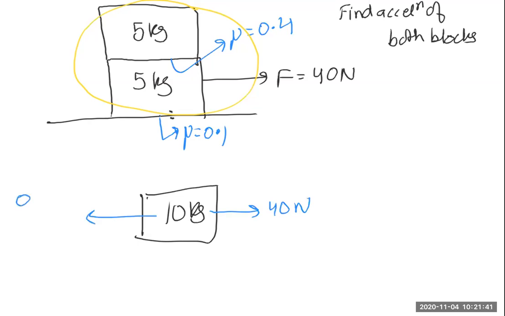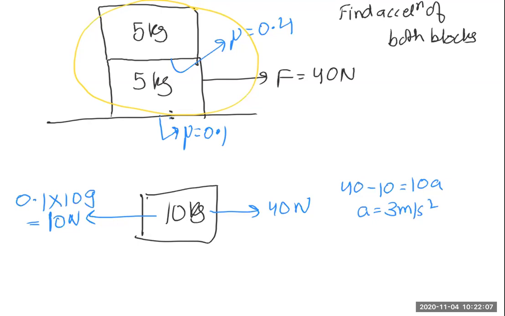And this is equal to 0.1 into N here, which is equal to 10 g. So here the force is 10 newtons. So we get 40 minus 10 is equal to 10 a. A is equal to 3 meter per second square.